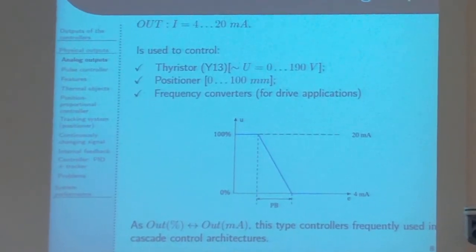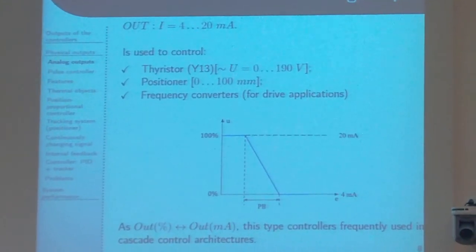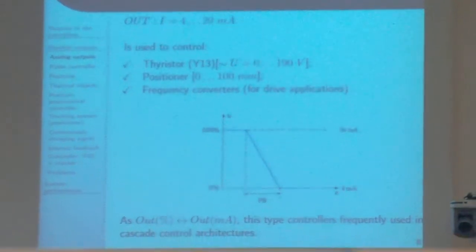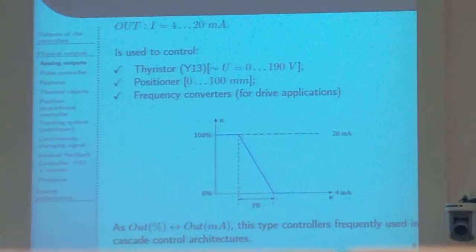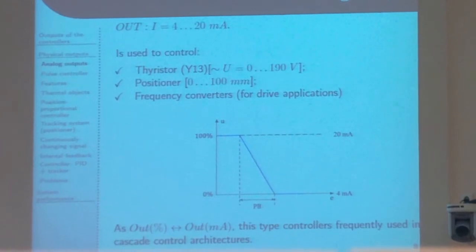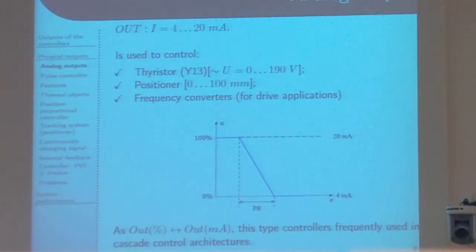One of the widespread signals is current from 4 to 20 milliamperes. Also often used is a signal from, for example, 0 to 10 volts, or from -10 to 10 volts. But in our laboratory we have such a controller.